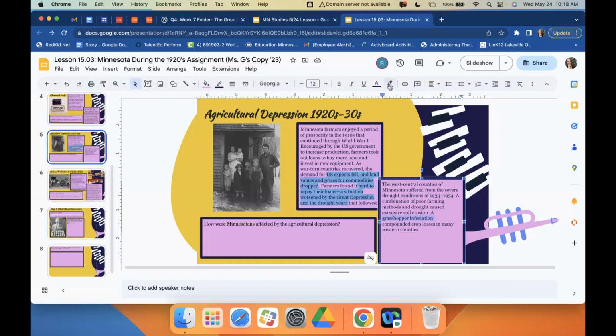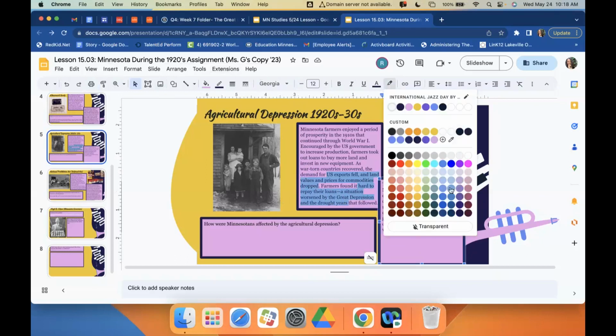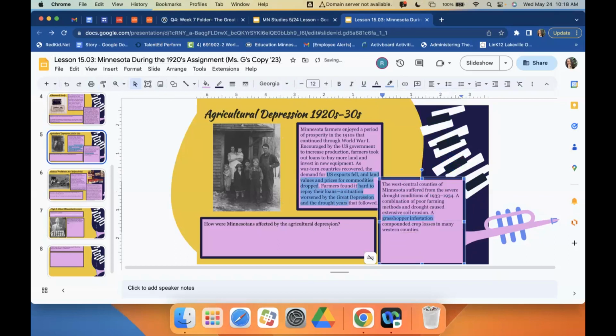Okay, so how do we think that Minnesotans were affected by this agricultural depression? What do we think? And if you want to write your answer in the chat or if you want to raise your hand, either option works.